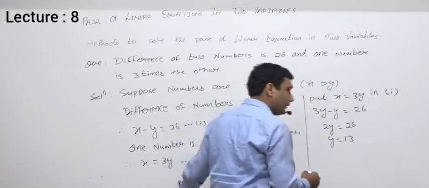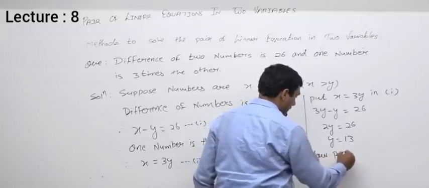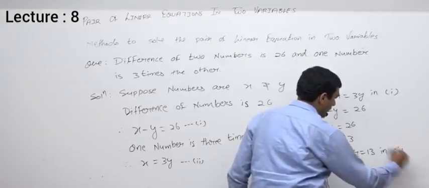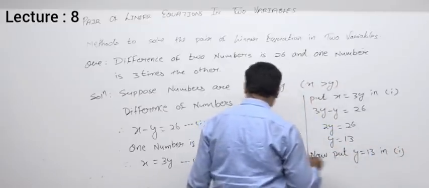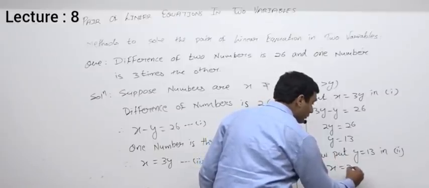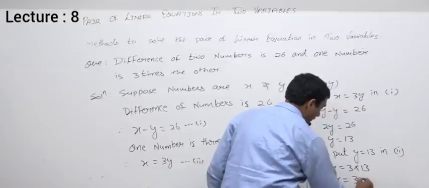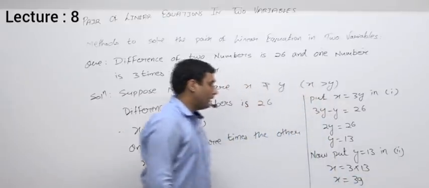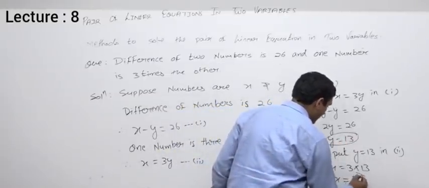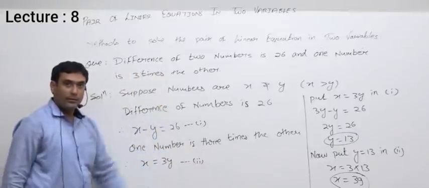Now put y equal to 13 in the second equation. So x is equal to 3 into 13, that is x is equal to 39. So these are our numbers. The first is 13, the other number is 39. The greater one is 39, the smaller one is 13.